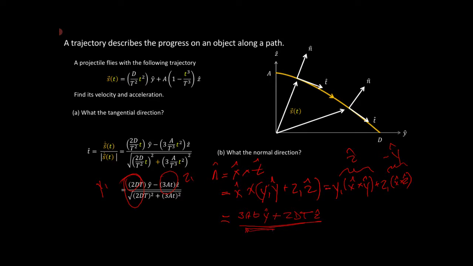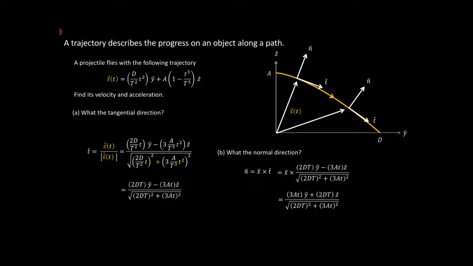I run out of screen. 2dt squared plus 3at cubed. So that's all we do, is first we take the derivative, then we take the cross product, and we're fine. Have to divide by the magnitude. That's not really much of an ask. So those are the two directions as this moves along.